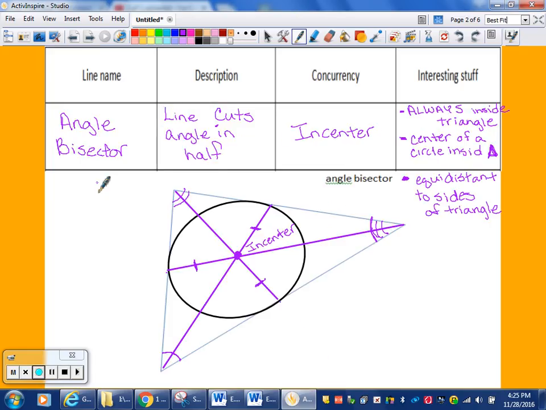The second one is formed from the intersection of the angle bisectors of a triangle. An angle bisector is a line that cuts an angle in half.